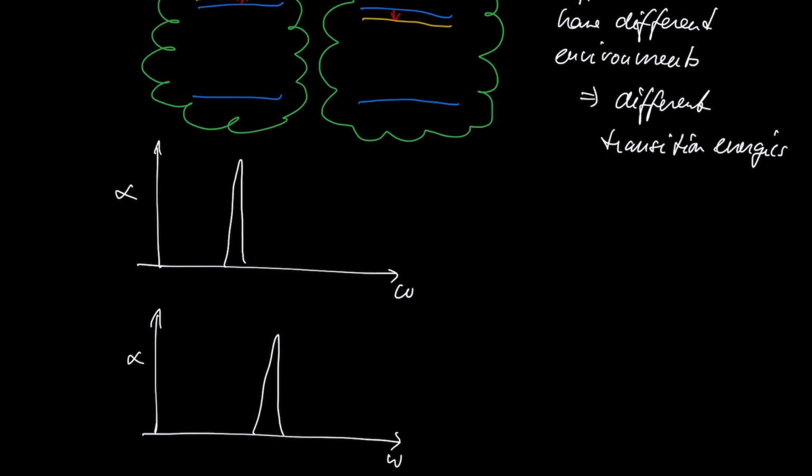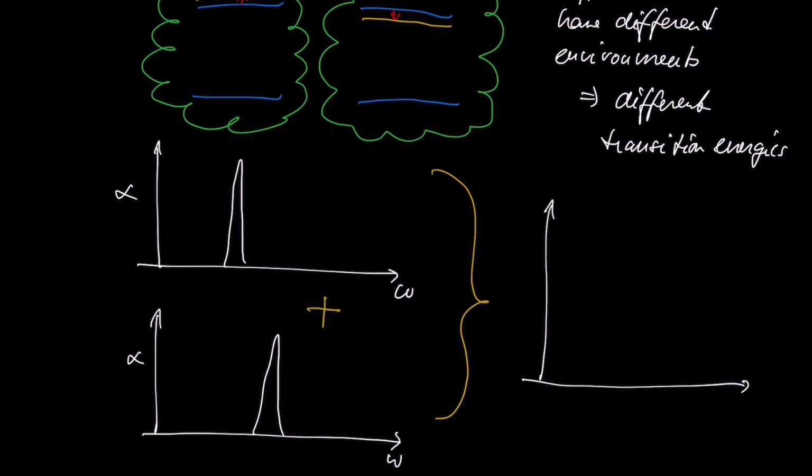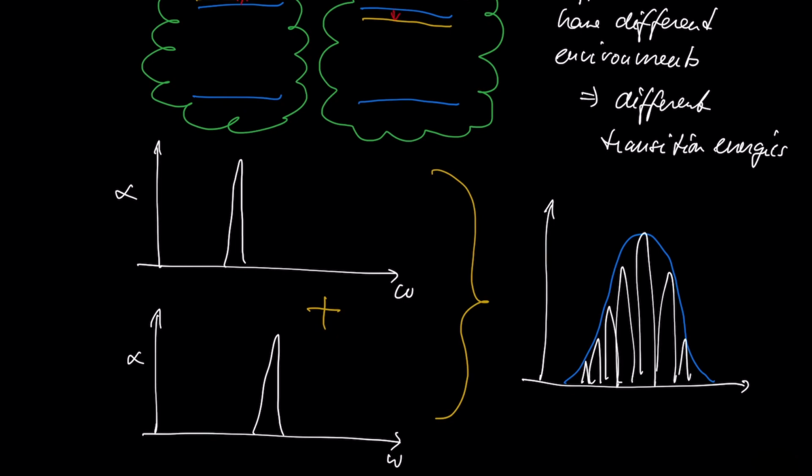So altogether, if I combine these two spectra of what is potentially the same type of molecule, I might actually get a sum that has a spectrum much broader than the individual molecules. So if we sum all these together, we could expect a spectrum that might look, for instance, like this, might be broader because under it we have different copies of the same molecules.